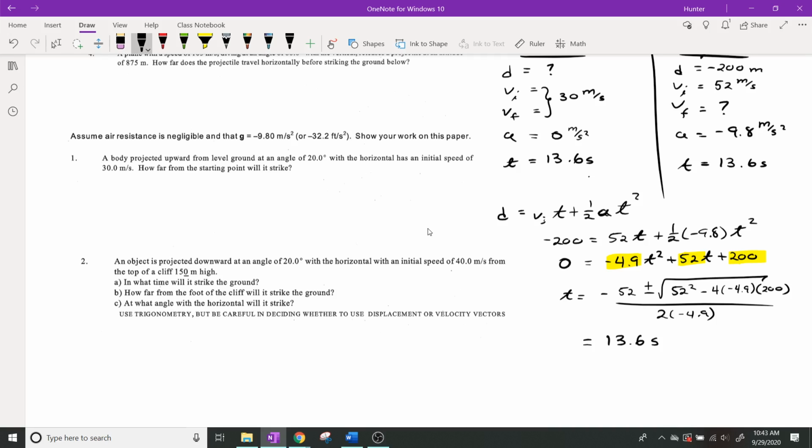In the x direction, since there's no acceleration, we can use velocity equals distance over time. We know that time is 13.6, and velocity is 30. So we just do 13.6 times 30, and that equals 408. 408 meters equals displacement.